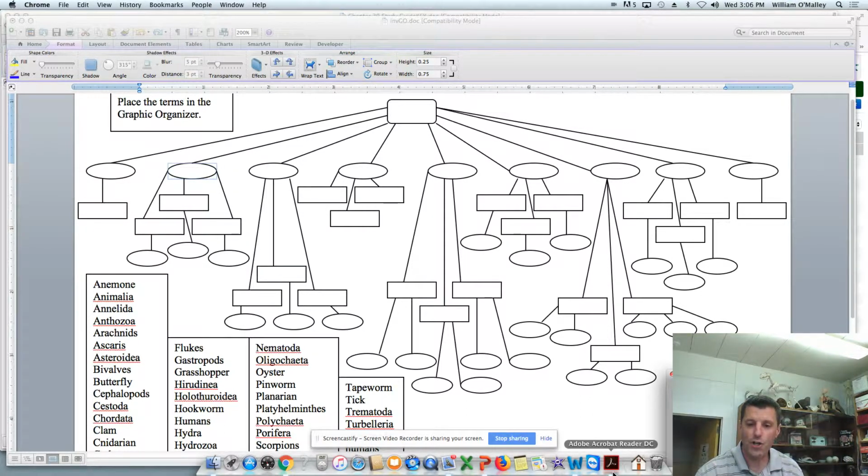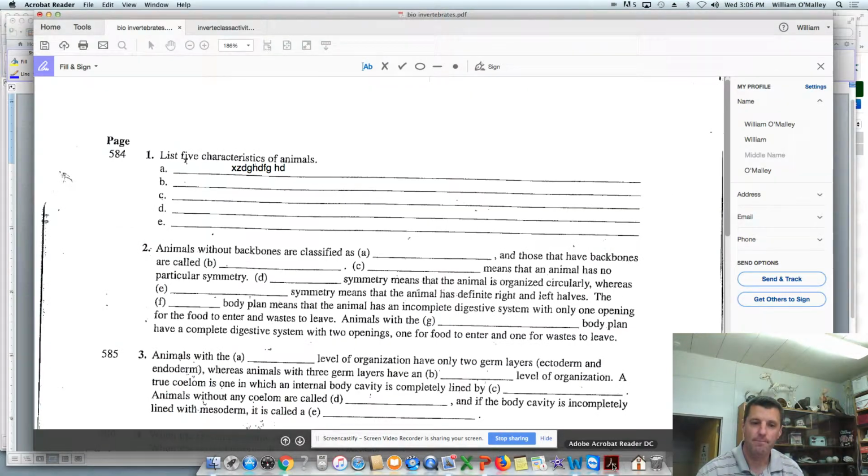The other portion of your assignment is pages, so you need to write this down. So you have a graphic organizer quiz, and you have pages 10 through 13.